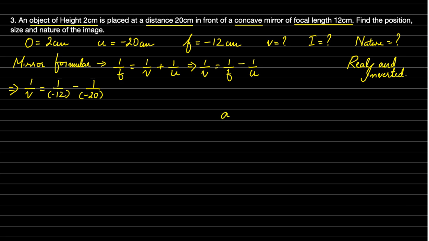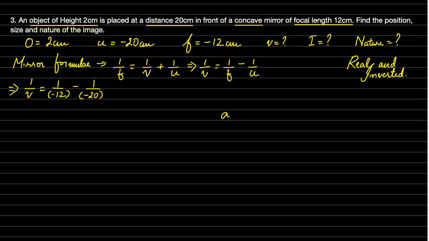So we would be erasing this because I need some space for doing the entire problem. Coming back to this, I can write minus 1 by 12 minus of minus 1 by 20.